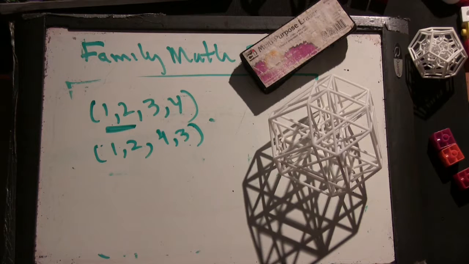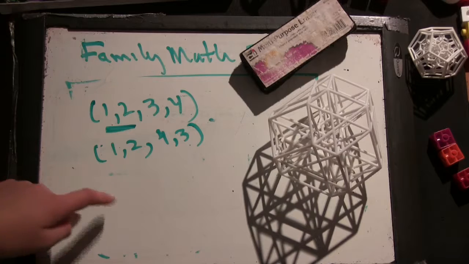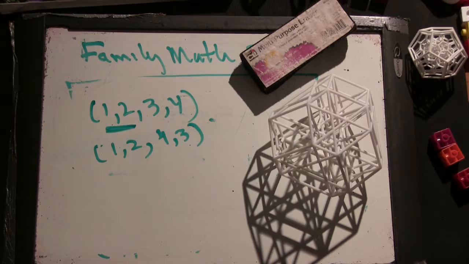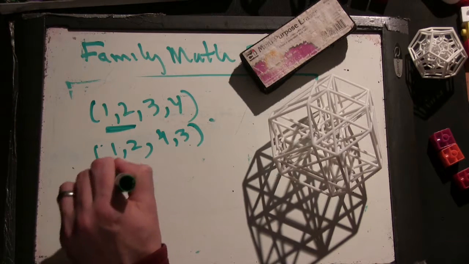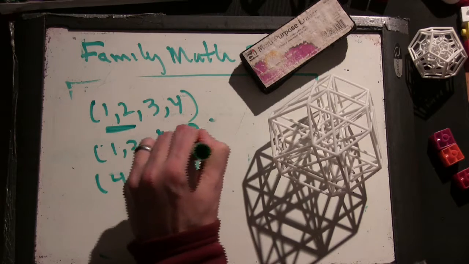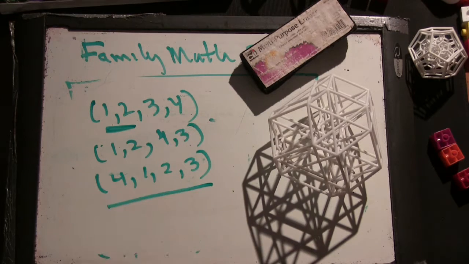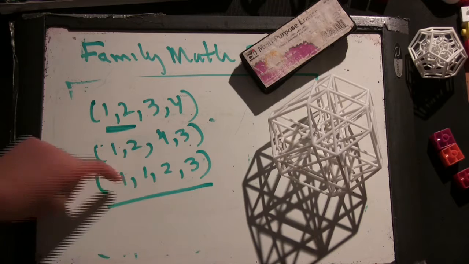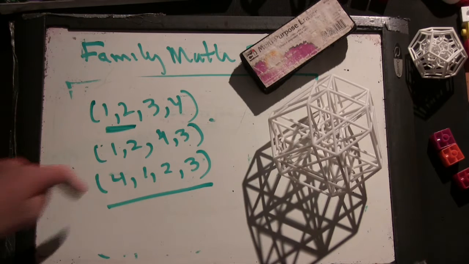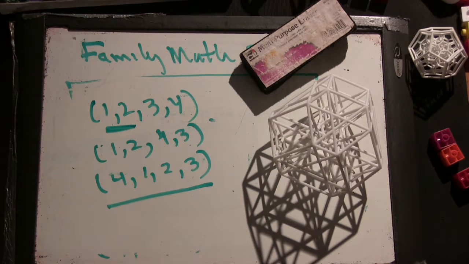Actually, it's probably not exact. Well, but would something like 4, 1, 2, 3 connect to this point? Ah, interesting question. 4, 1, 2, 3. Does that share exactly 2 coordinates? Yes, but they're not in the same place. So does it share them? No, it doesn't.